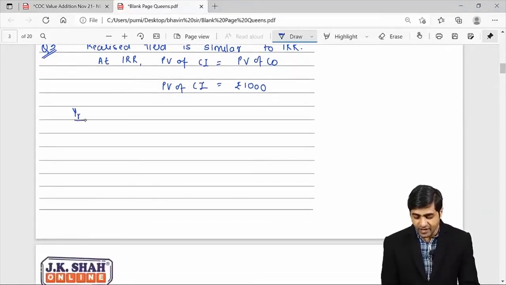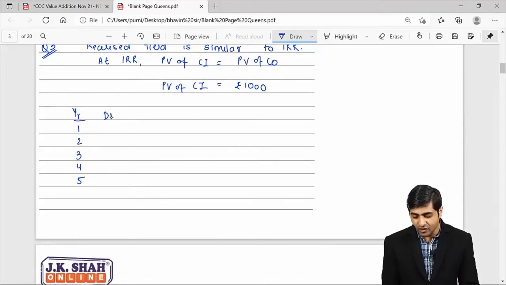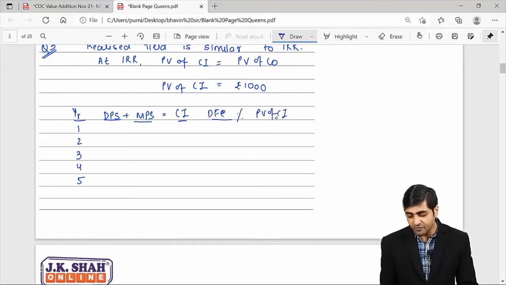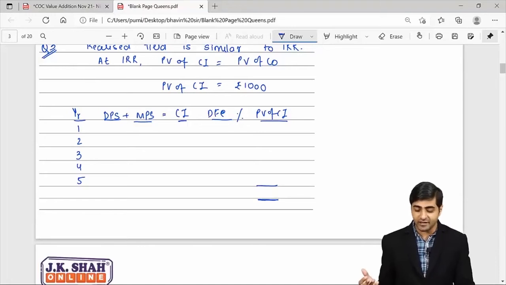So now we have the cash inflows available for the period of 5 years by way of dividend per share, and also by way of your market price at the end of the 5th year. So these will be your future value of cash inflows. We have to discount them in such a way that your PV of CI here should come as ₹1000. So we will definitely be using the concept of trial and error method.